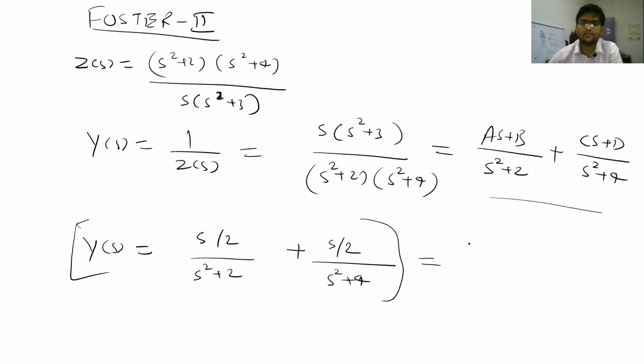Let us rearrange it in this form. So we will get 1 upon (2s plus 4 upon s) plus 1 upon (2s plus 8 upon s).